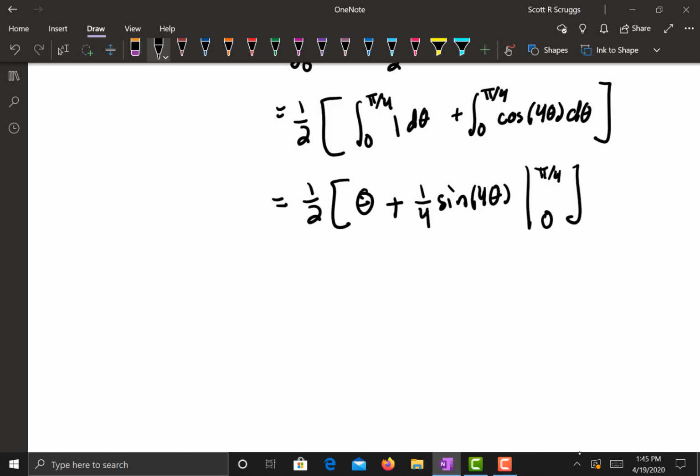Let's see, if I plug in 0, I'll get 0 everywhere else. Plug in pi over 4, I'll get pi over 4 plus 1/4 times sine pi, which is also 0. So I get 1/2 times pi over 4, which gives me a final answer for the area of one of those regions, pi over 8.